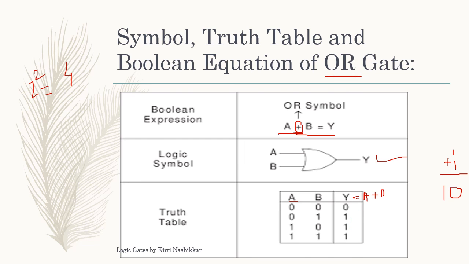We want at least one input high, and in this particular case the condition is not satisfied, and that's why for this the output is low, but for the rest of the conditions the output is high.